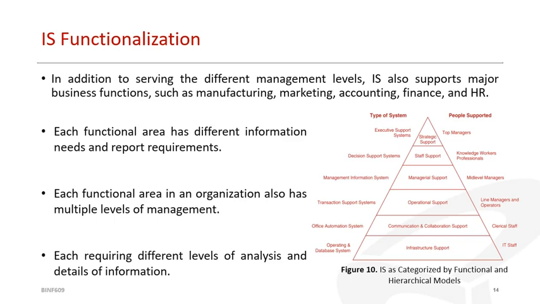For example, an HR information system will provide information on employees, payroll, and benefits, while a manufacturing information system will provide reports on shop schedules and parts inventory. Each functional area in an organization has multiple levels of management, each requiring different levels of analysis and details of information. The figure showed these different information systems by levels of management and functional area of the organization.